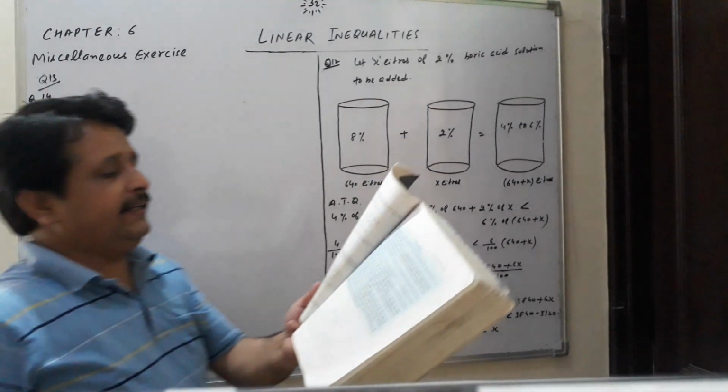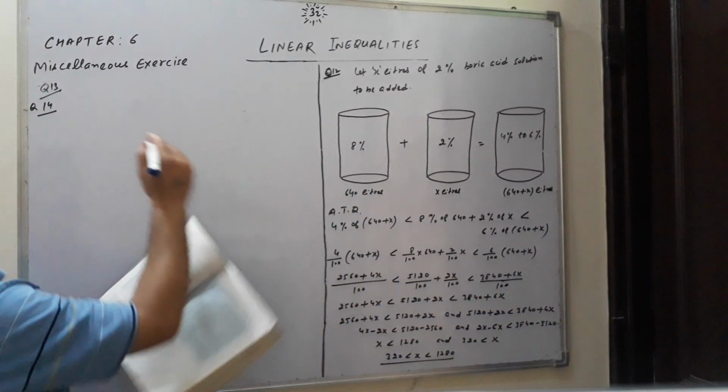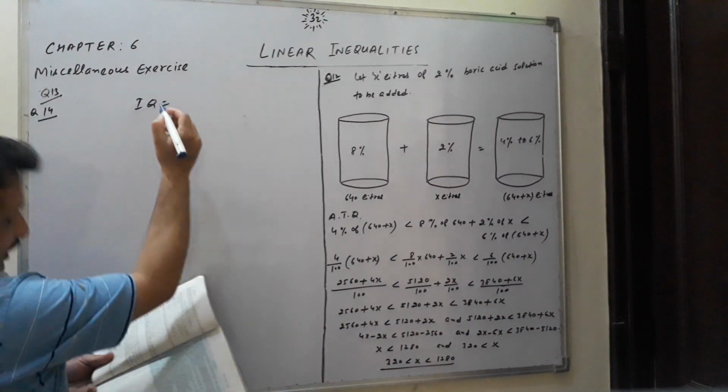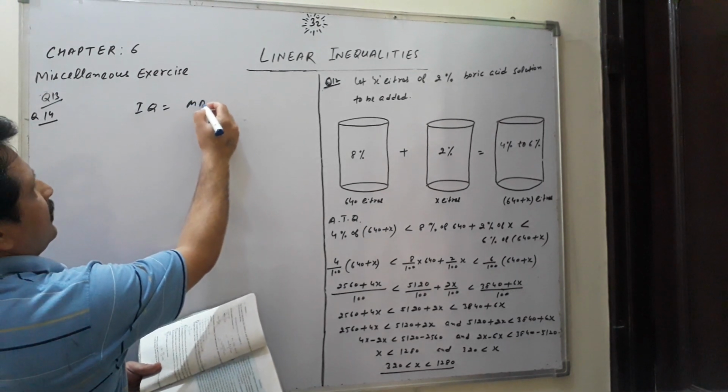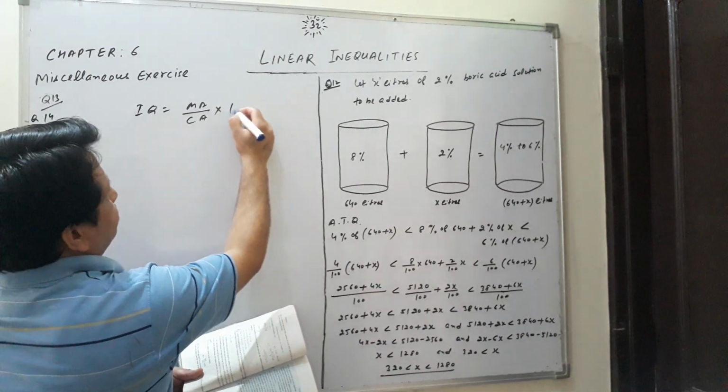In question number 14, the IQ of a person is given by the formula IQ is equal to MA, mental age, upon CA, chronological age, multiplied by 100.